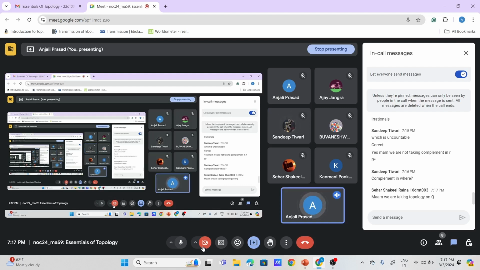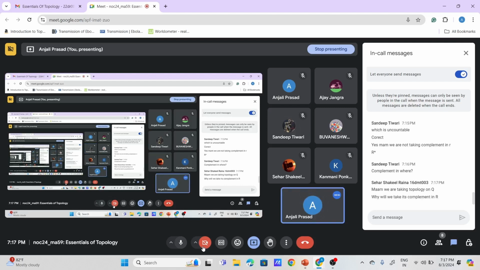I need to connect the earphones. Am I audible now?